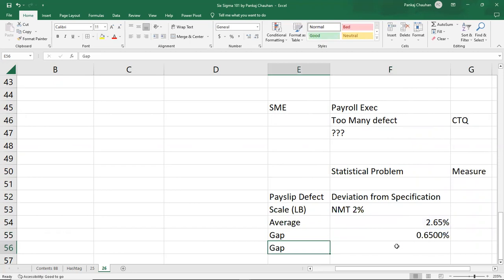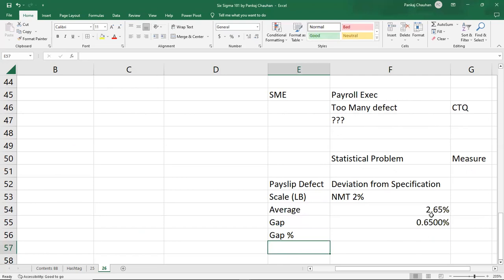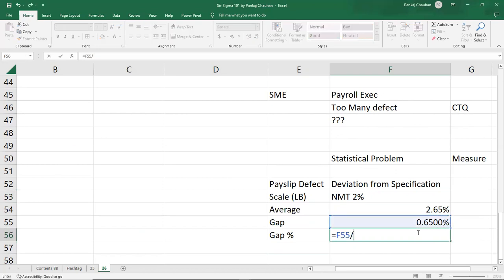So if I improve this gap, or basically I try to reduce the payslip defect from 2.65% to 2%, the gap I'm reducing is 0.65%. This will be equal to how much? Current value 2.65 is the denominator, the gap 0.65 is the numerator.